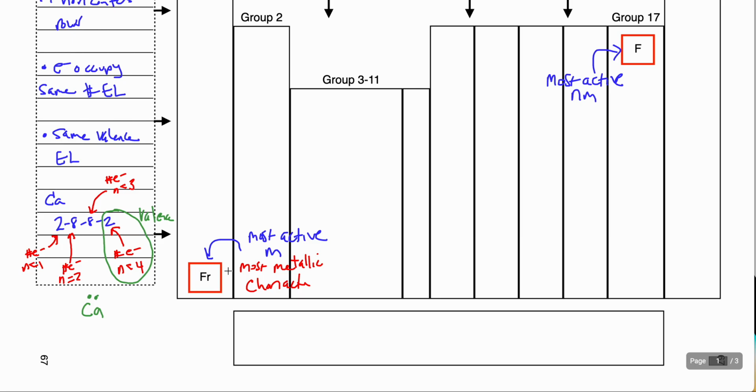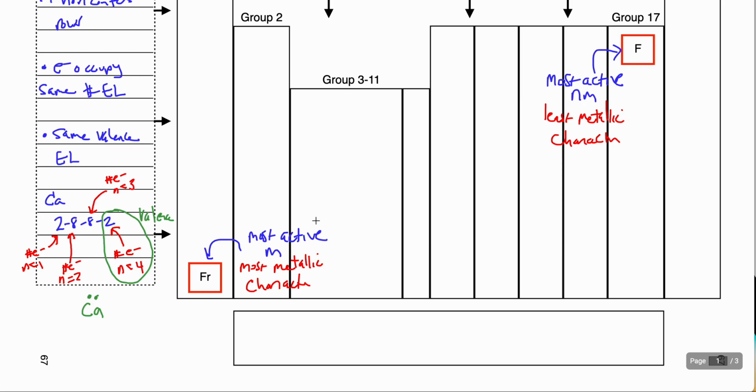Everything that a metal does, francium does it the most, with the greatest amount of energy. Fluorine, because it's the most active nonmetal, has the least metallic character. So they represent the yin and the yang on the periodic table.